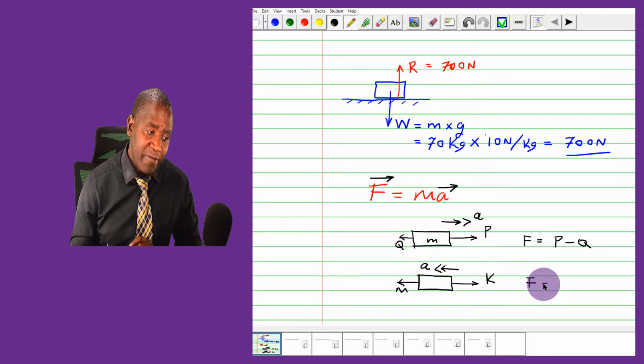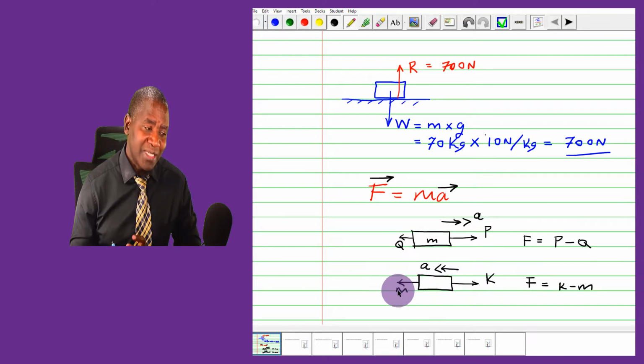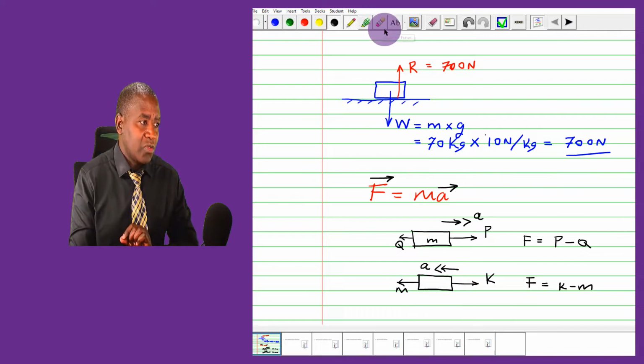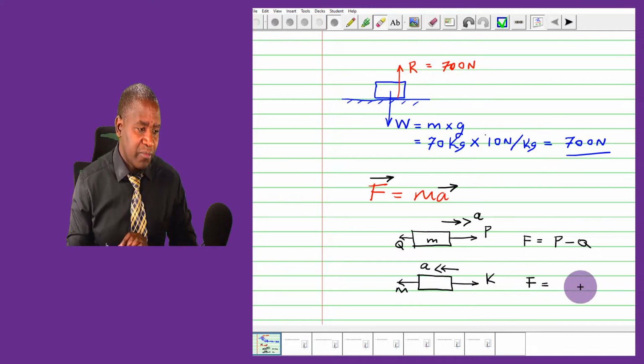is F, since M is greater than K, how do I know that? The acceleration is to the left, and therefore the resultant force is to the left, which means that M must be greater than K. In fact, that is what I ought to have written here. Made that mistake.